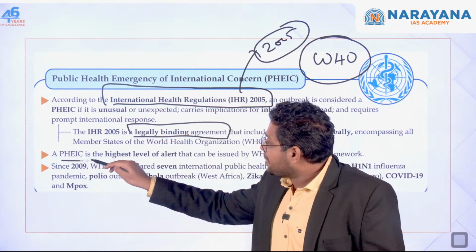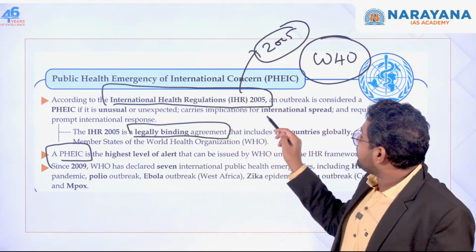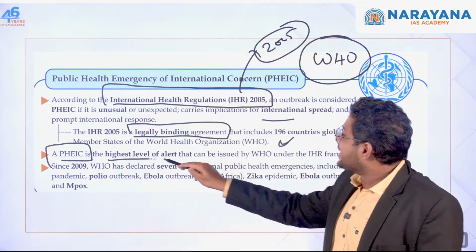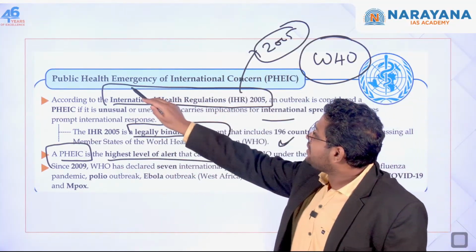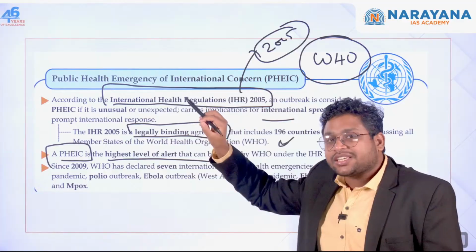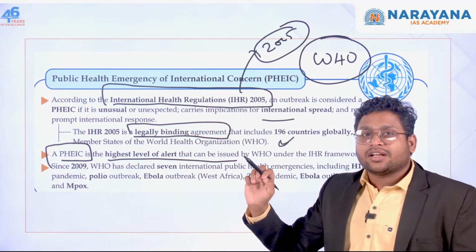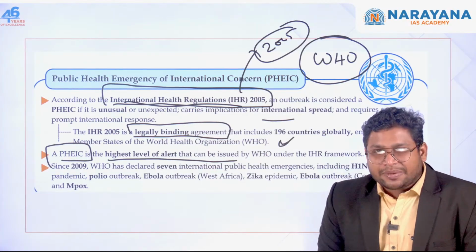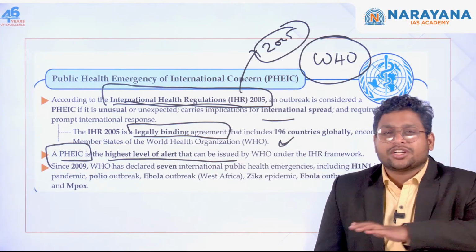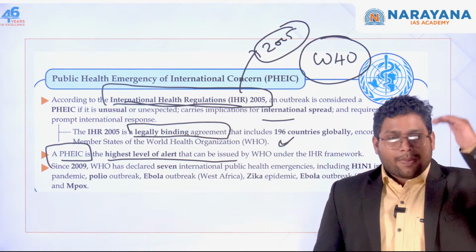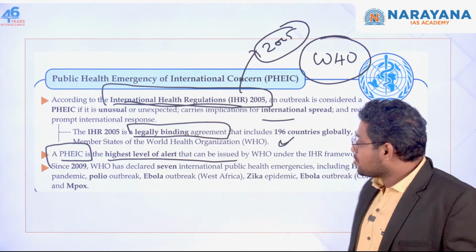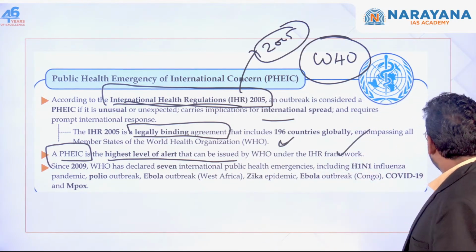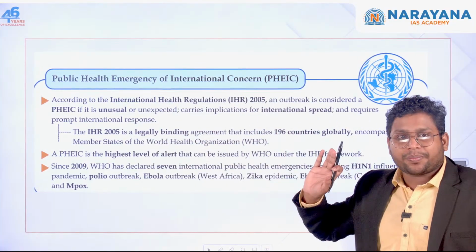This PHEIC is the highest level alert WHO can ever give. Above that, there is no other alert. So this is a red sign shown by WHO, which we should know.